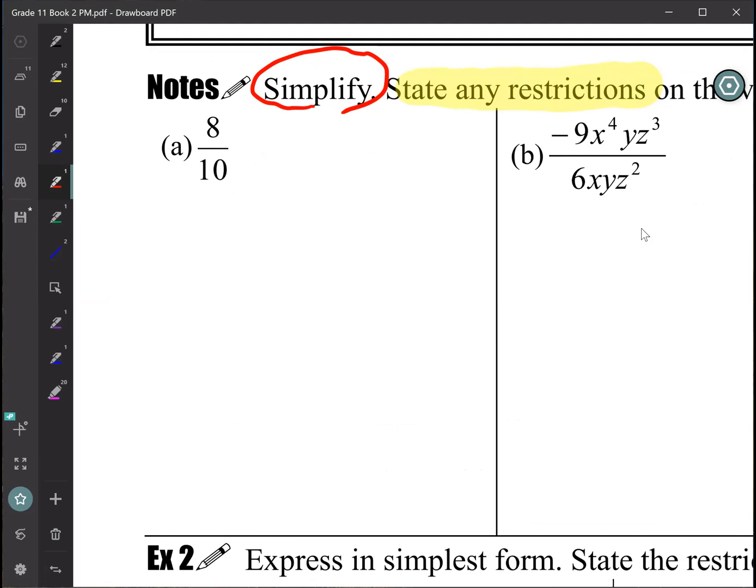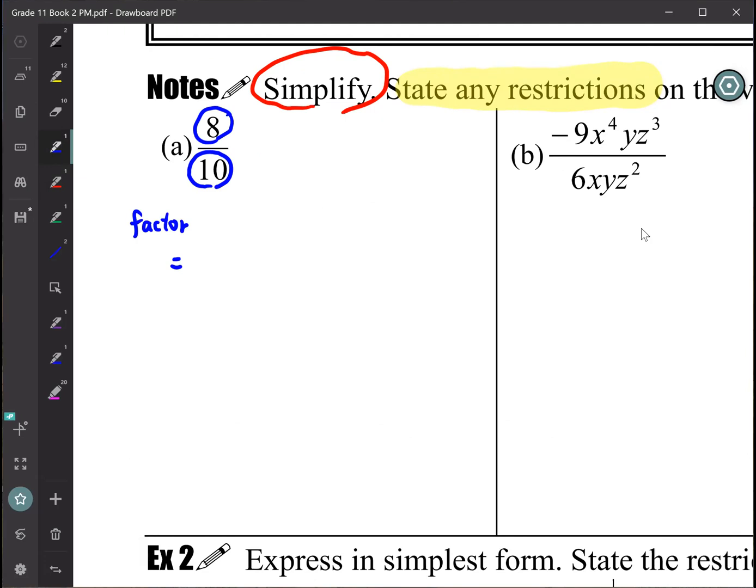But in fact, what actually happened behind, when you first started learning this, is you need to factor each one. You need to break down the 8 into little factors. Same with the 10, okay? So we'll factor this because that's what we are going to do for the rational expression as well.